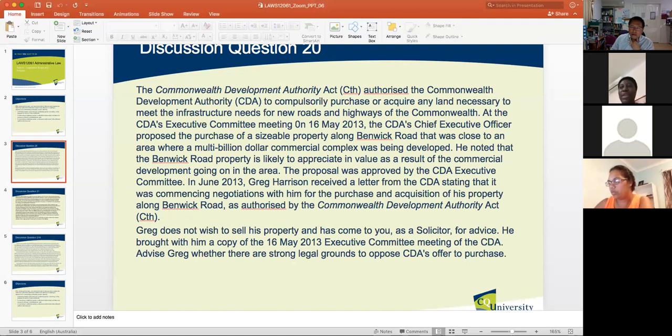Okay, so for me, I'll advise Greg that he has strong legal grounds to oppose the CDA's offer to purchase his land. And my reason is this: a fundamental principle of common law is the principle of legality. The government may only act if authorized by law.